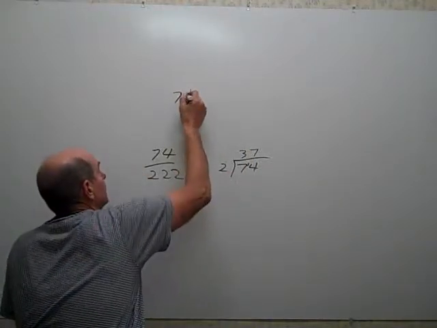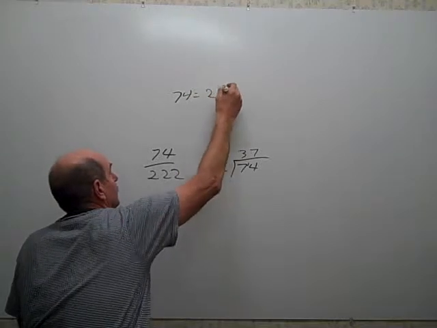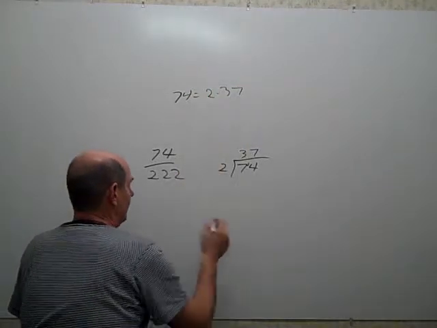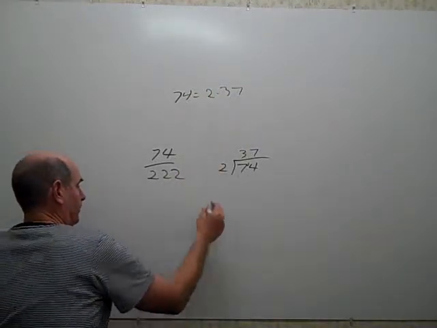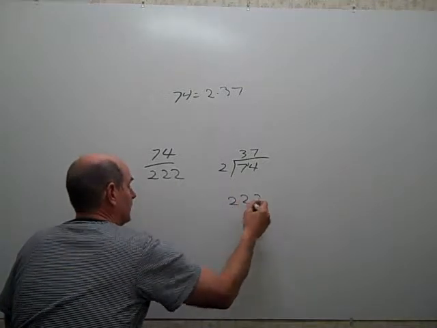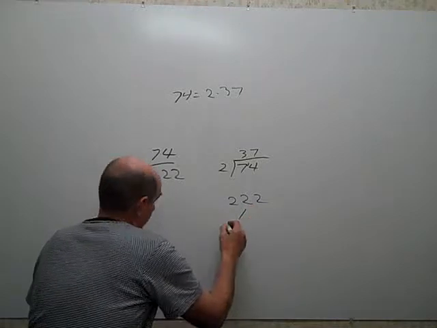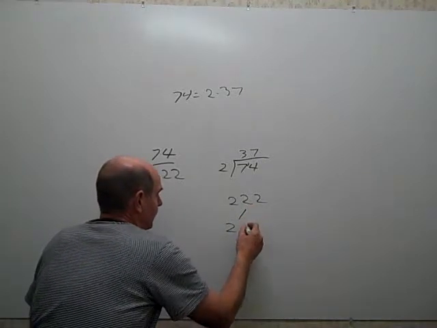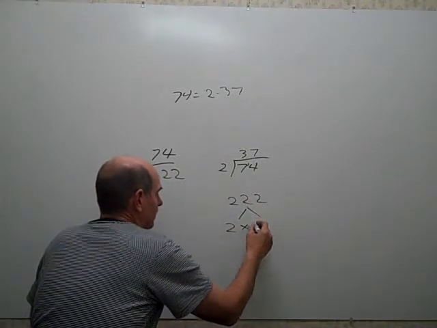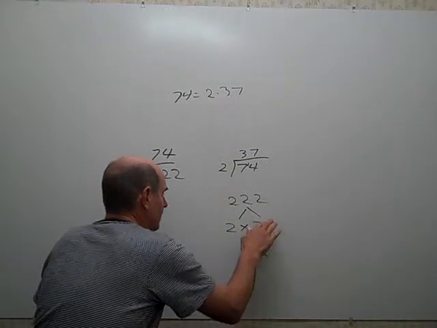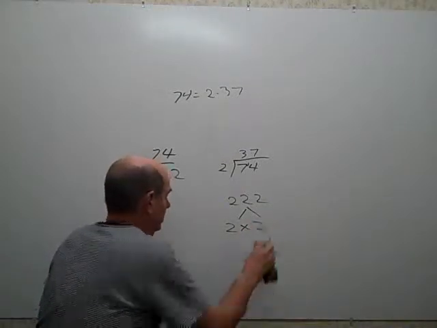74 equals 2 times 37. I'll use a factor tree for 222 just to review that process. I'm going to use 2 because it's not a real obvious one. It would be 111.